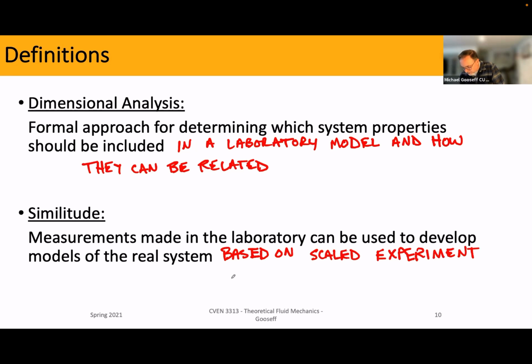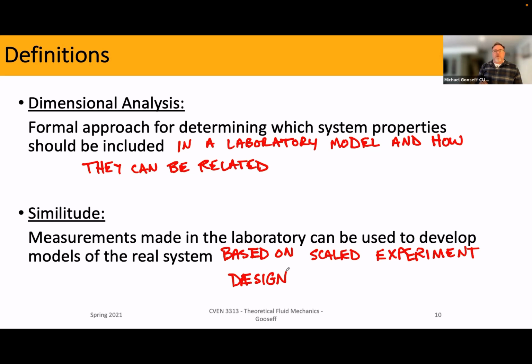Maybe I'll just call it experiment design. I don't know that it needs to be experimentation. So the way that we do this is with the Buckingham Pi theorem. Okay, so I'm going to launch into that in just a moment.